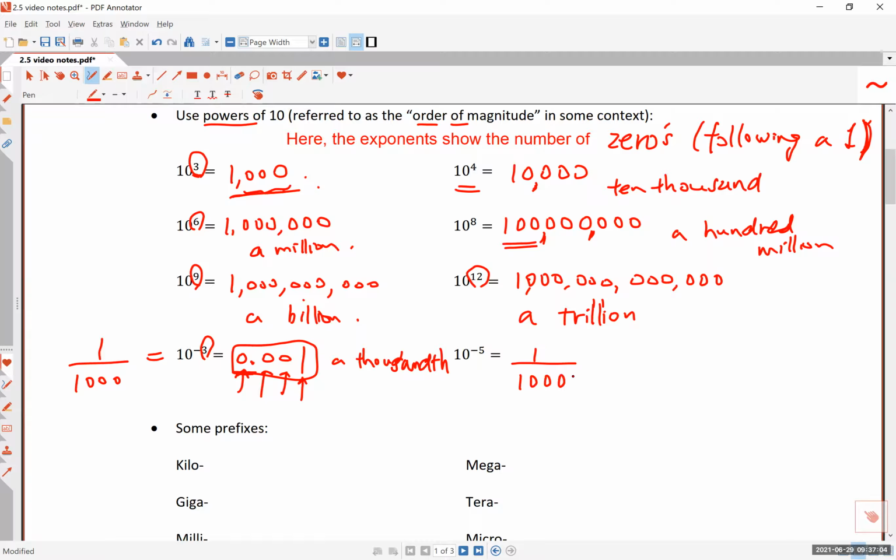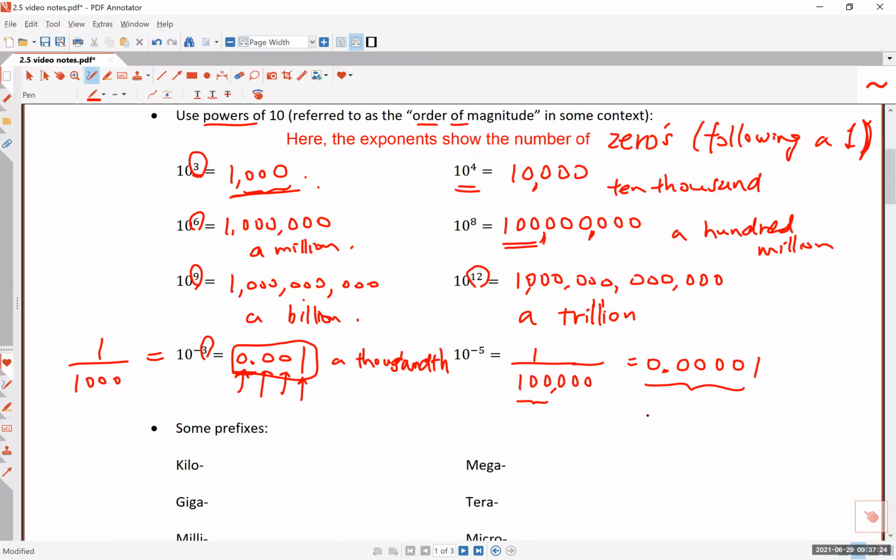And then 10 to the negative 5 would be 1 over 10 to the 5th, which should have 5 zeros. How do you read that? Well, this is 100,000, right? So this will be as a fraction 0.00001. Notice here I have to have 5 zeros, including that 0 preceding the decimal point.